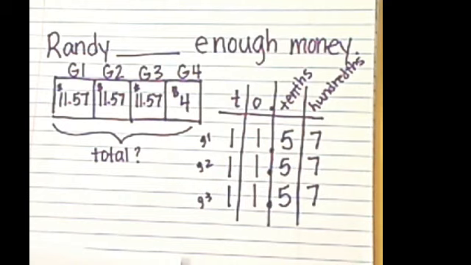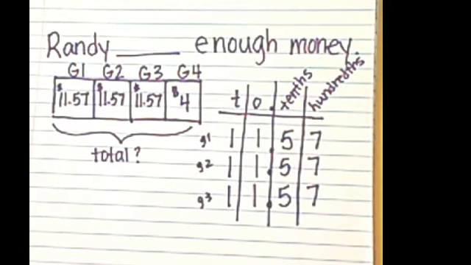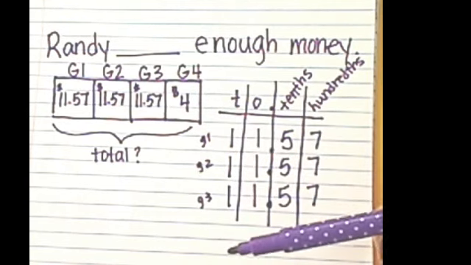Well, there's the 3 games, but I can't forget about this. Now look at this 4. This one's a little bit different than the other 3 numbers. Does it have any decimals? Four doesn't have any decimals. So what does that mean?